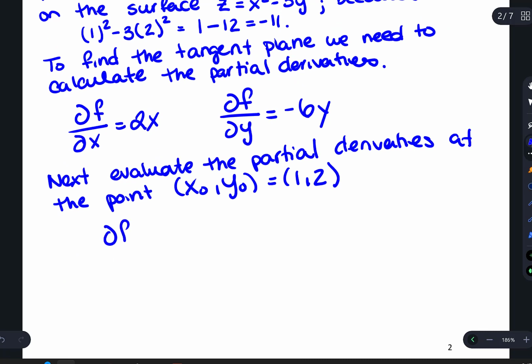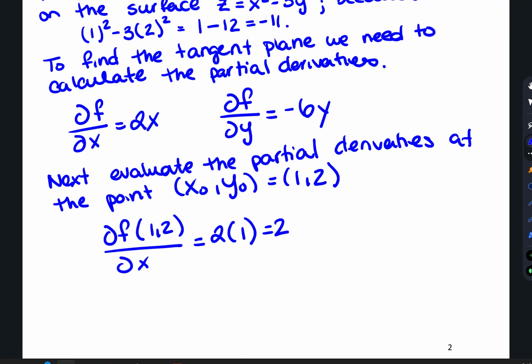So the partial derivative of f with respect to x at the point 1, 2 is equal to just 2 times 1, which is equal to 2. Notice here we don't do anything with the y term because y is not in this partial derivative.